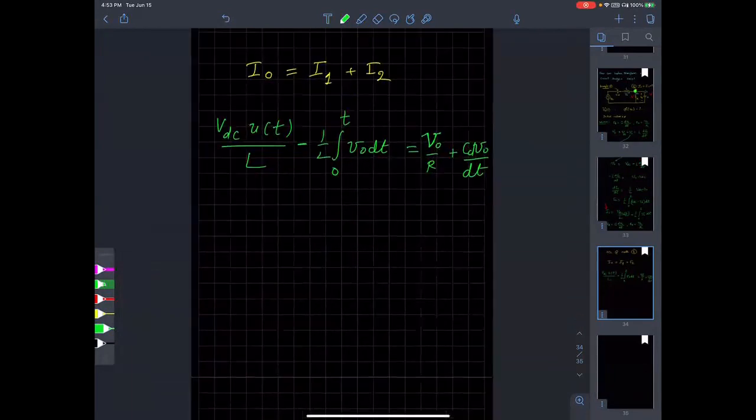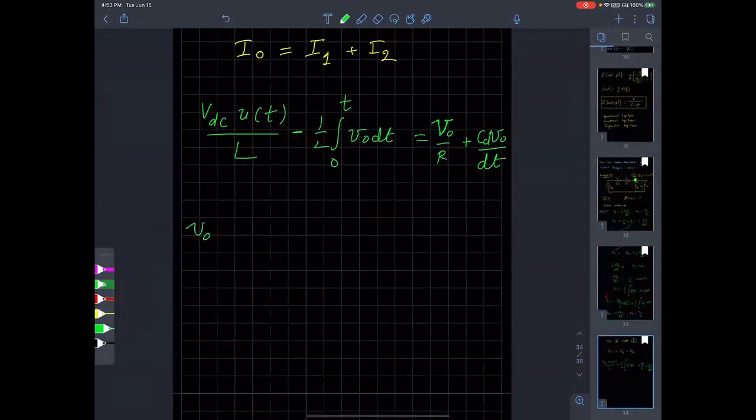Everybody with me? So there's an equation here: VDC U of t by L minus 1 over L integral 0 to t of V naught dt equals V naught over R plus C dV naught over dt.